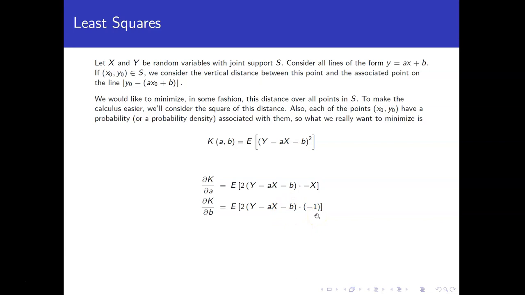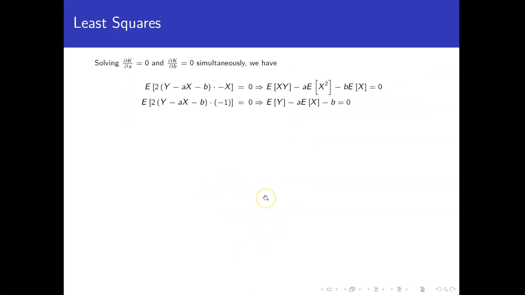Recall that partial derivatives and expected values behave nicely with respect to each other, because whether we're talking about a sum or an integral, we can pass the differential operator across. The important part is that derivatives behave nicely with respect to expected value.